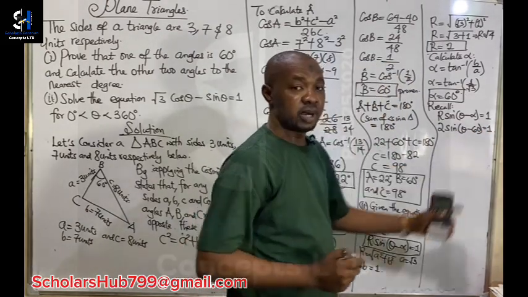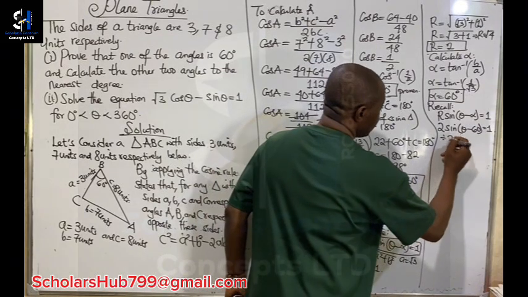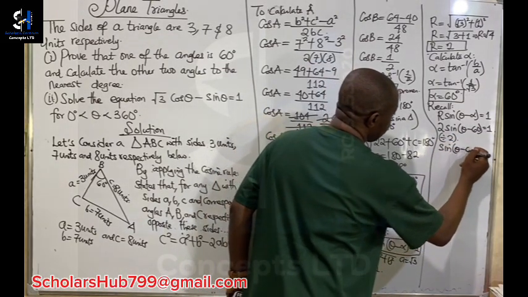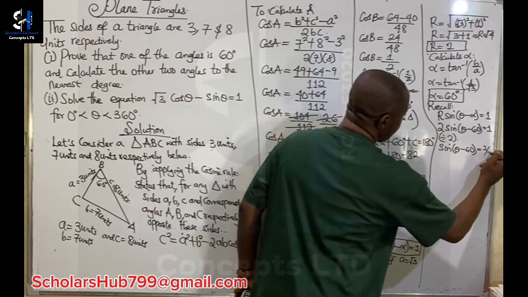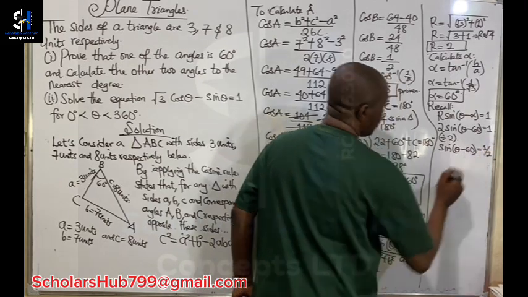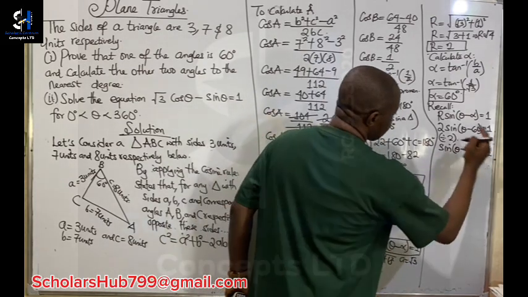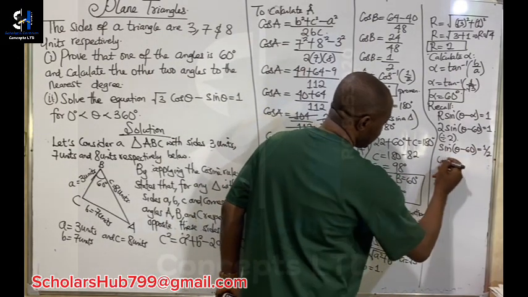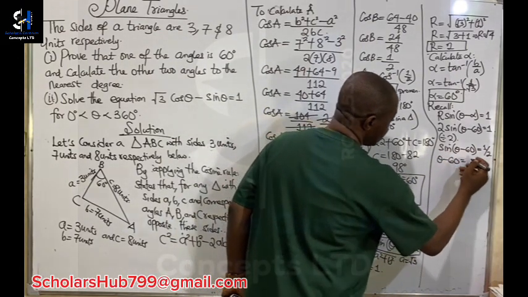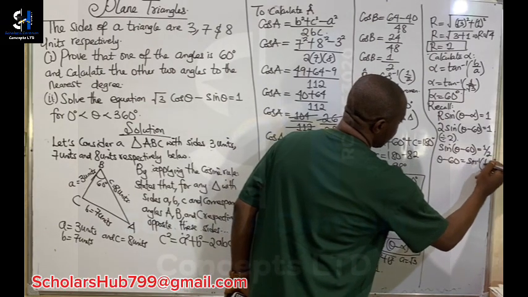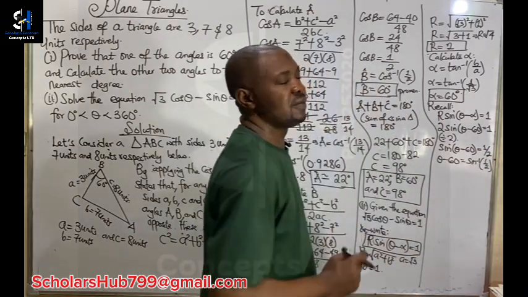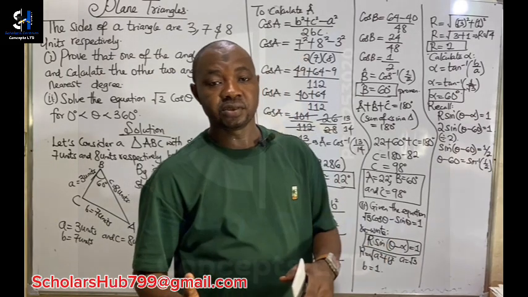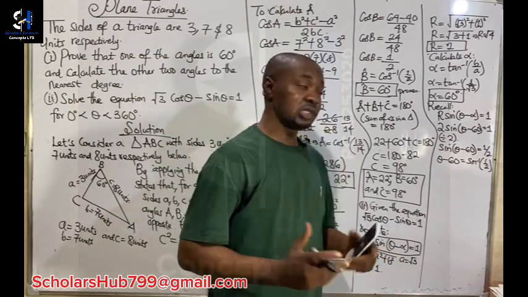When we divide both sides by 2, we have sine theta minus 60 equals 1/2. Then we take the inverse sine of this, so theta minus 60 equals the inverse sine of 1/2. Now the inverse sine of 1/2 is 30 degrees, because sine 30 degrees is same thing as 1/2.